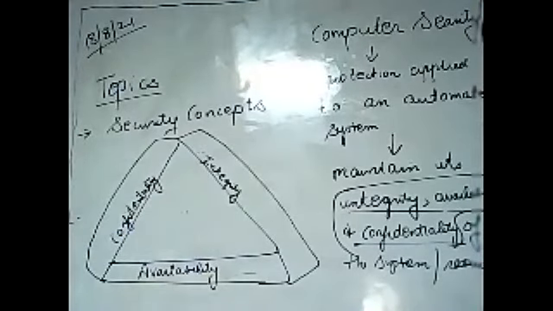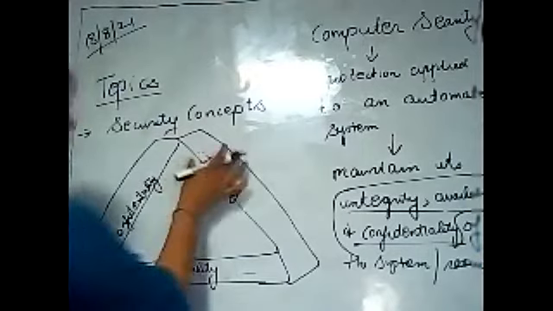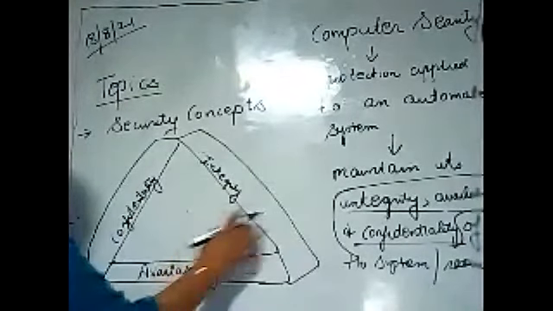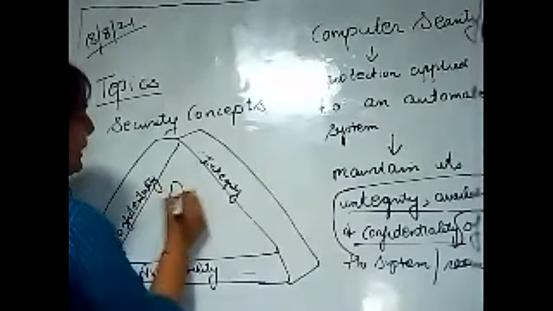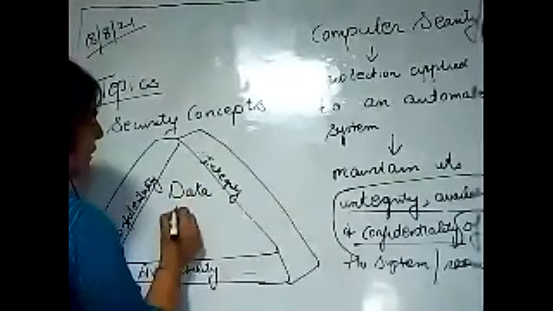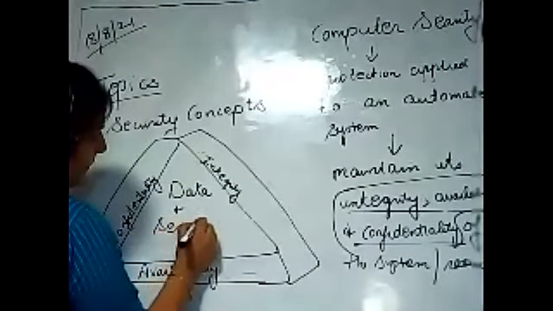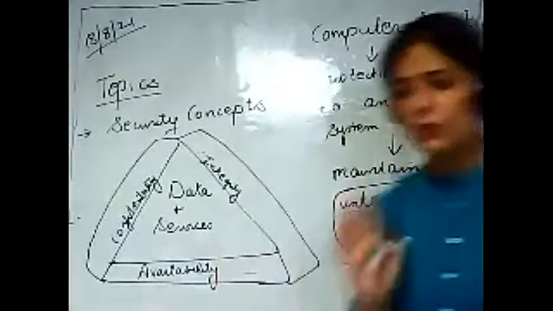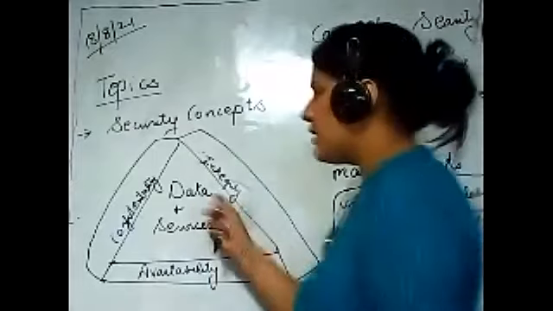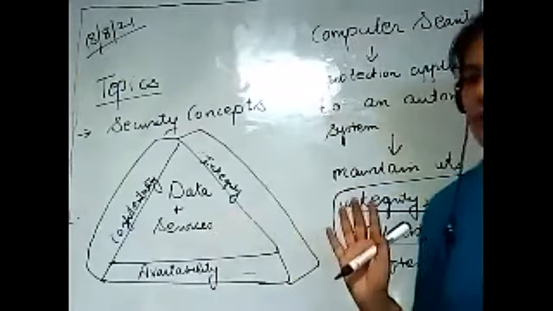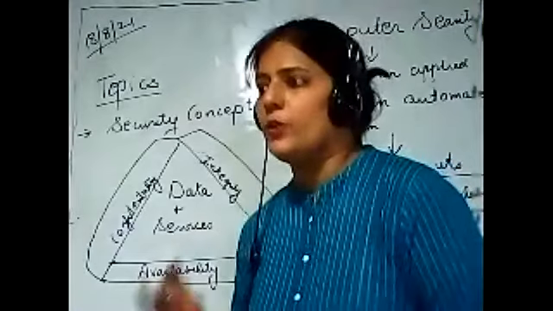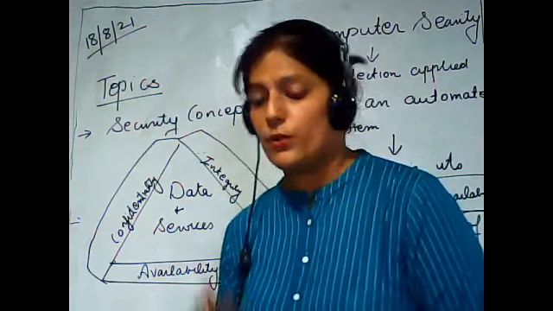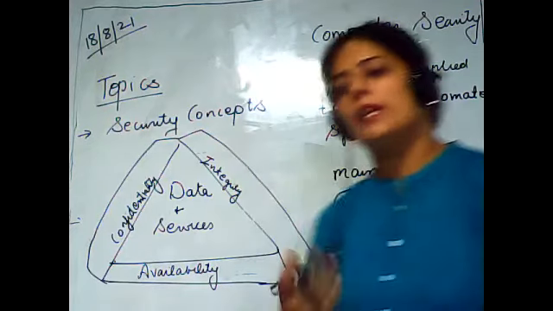Okay, so these are the three basic terms, and we need to apply confidentiality, integrity, and availability on the data and the services. A particular information system comprises two parts: one is your data, another is your services. With the data, we do a lot of processing that gives you useful information that you can use in multiple ways.